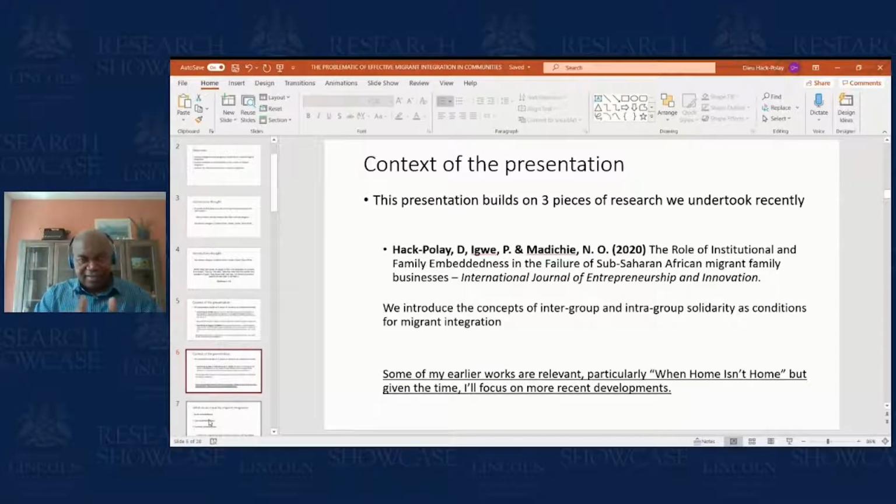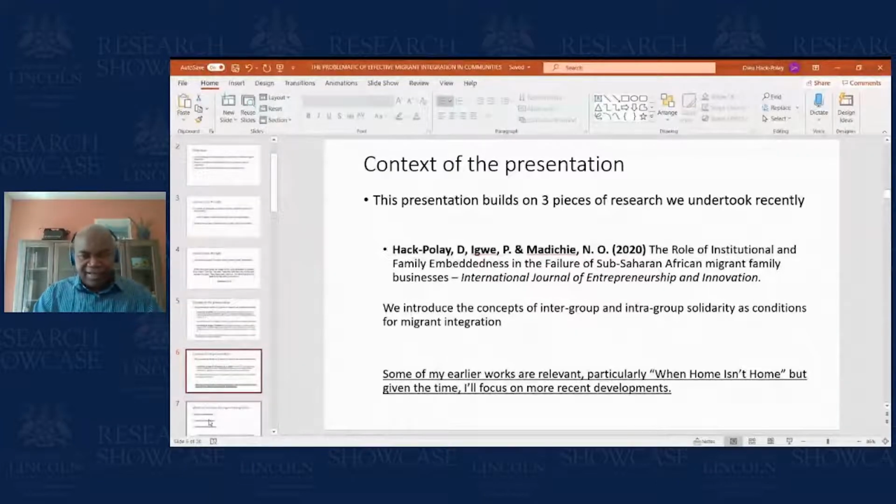And again, more recently, with my colleague Dr. Paul Higué and Dr. Medici, we look at the role of institutional and family embeddedness in the failure of sub-Saharan African migrant family businesses. So here we look at how the intergroup and intra-group solidarity concept that we'll be looking at become conditions for migrant integration as well.